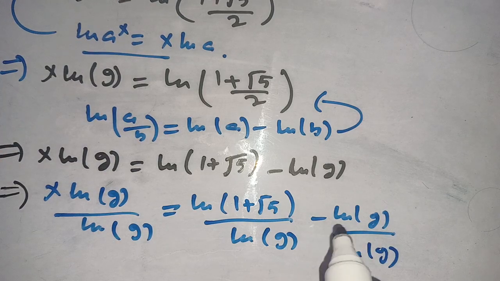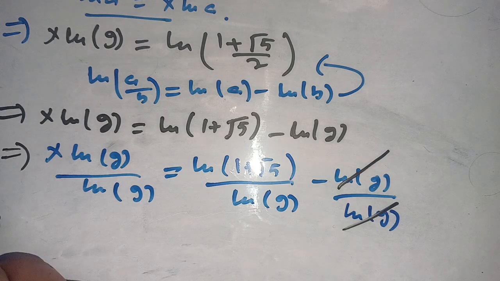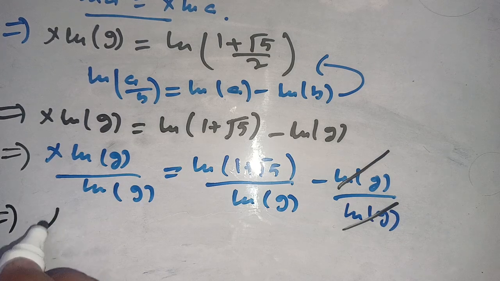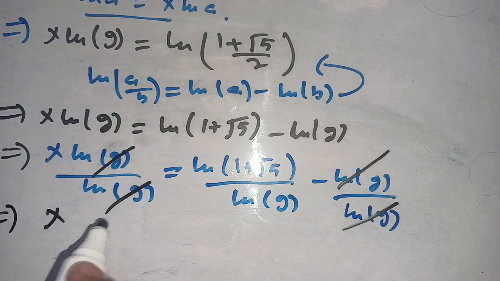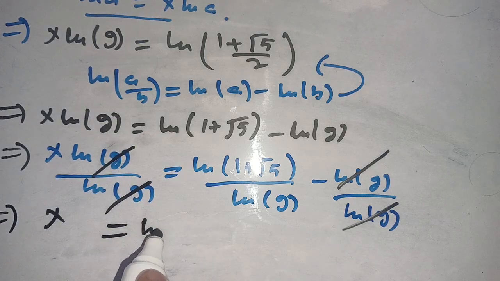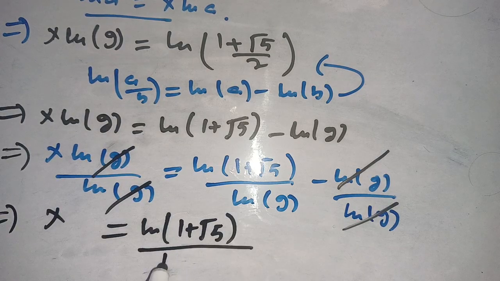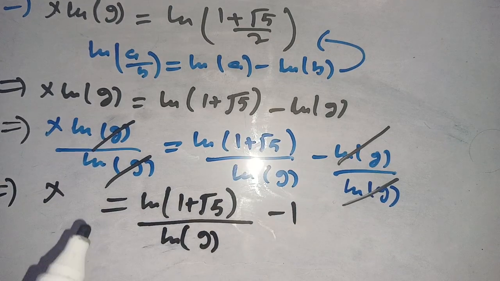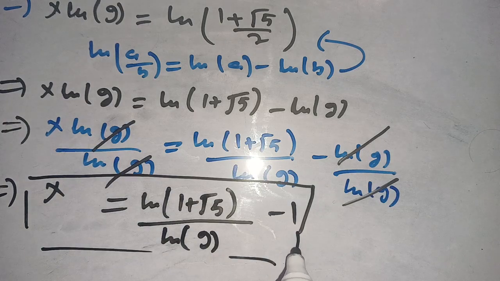Now we can cancel out ln 2 by ln 2. Thus x = ln(1 + √5) / ln 2 - 1, which is the required value of x which satisfies our given exponential equation.